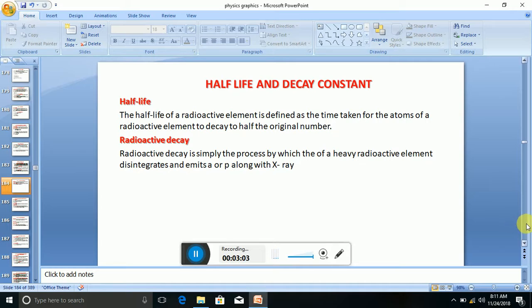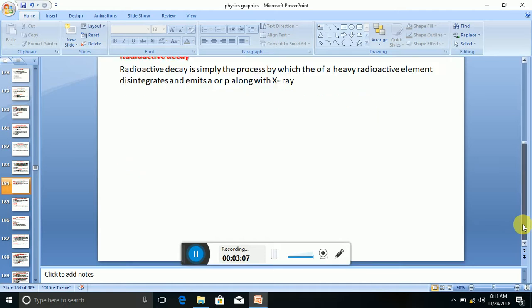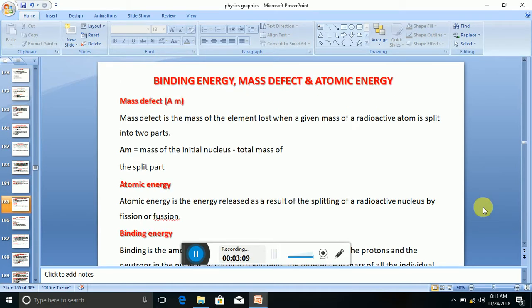Now, let's look at other things like binding energy, mass defect, and atomic energy. Now, what is binding energy or mass defect?